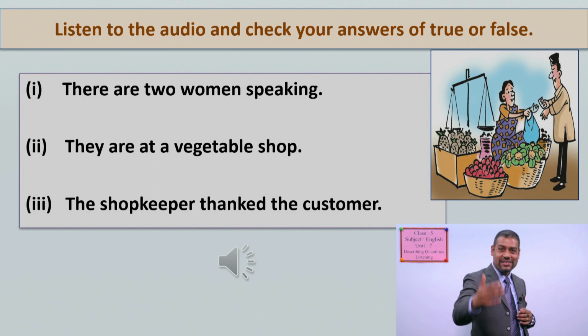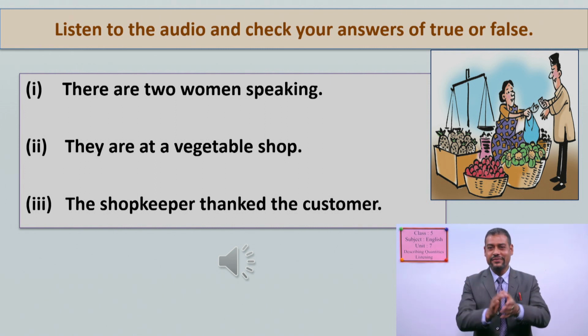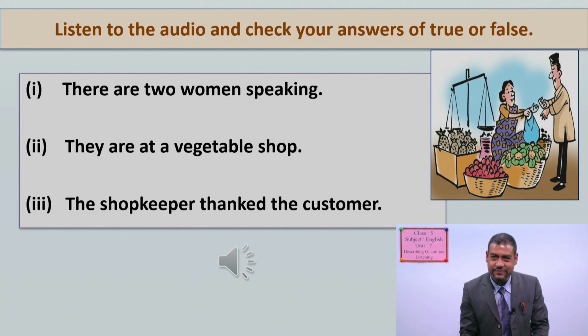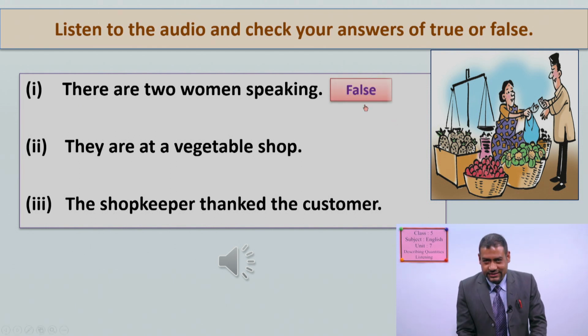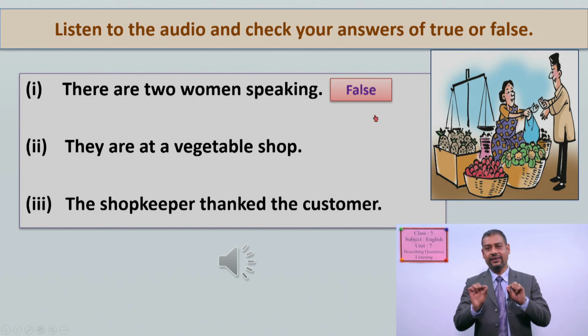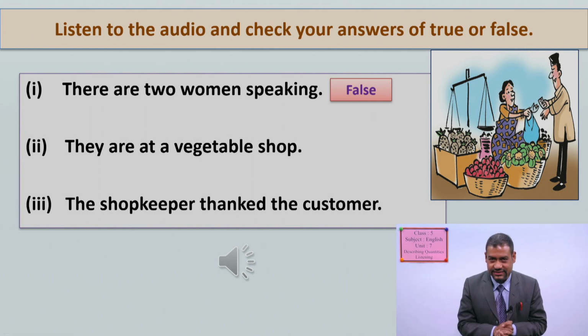Yes. Now, whether you are right or wrong, you check with my answer, okay? So, its answer is, let's say, true or false? Oh, yes, it is false. Because in the audio, there are two characters, one is a woman and another is a man.